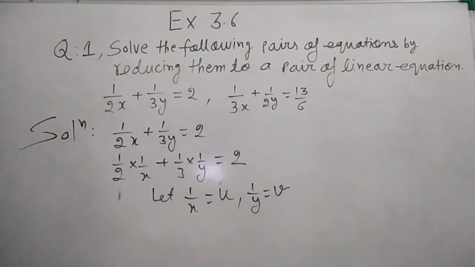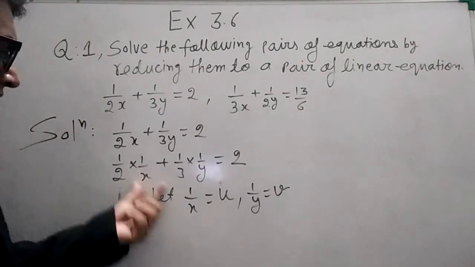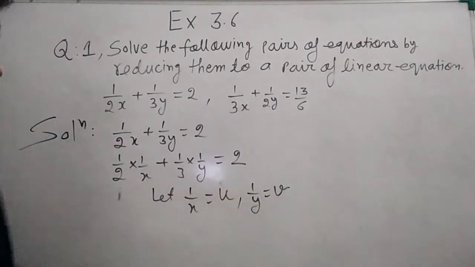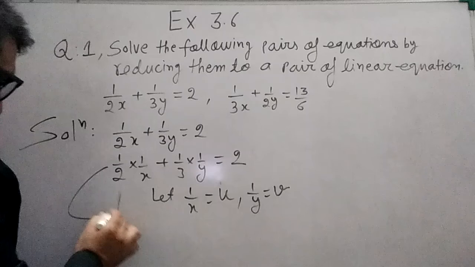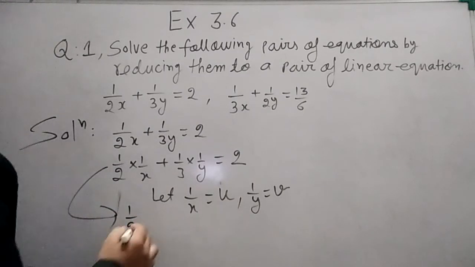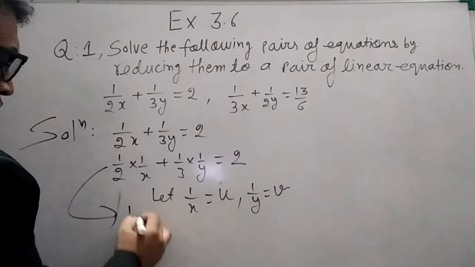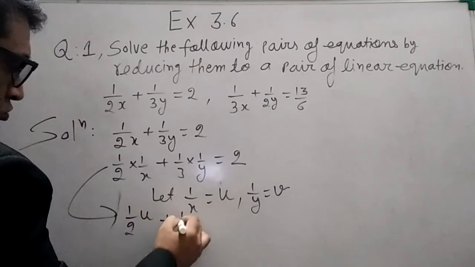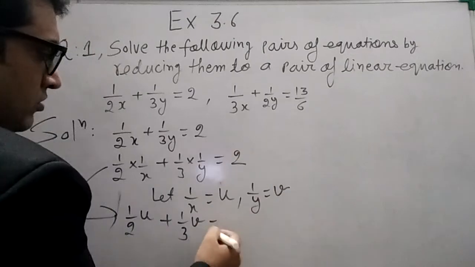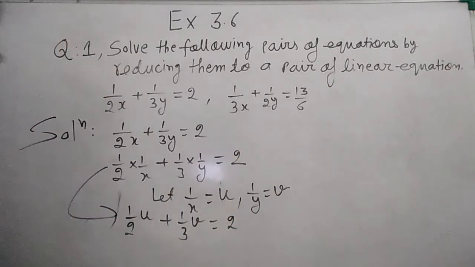Just we consider 1/x equal to u and 1/y equal to v. Then this will be 1/2, 1 by x is u, plus 1/3, 1/y is v, that is equal to 2.